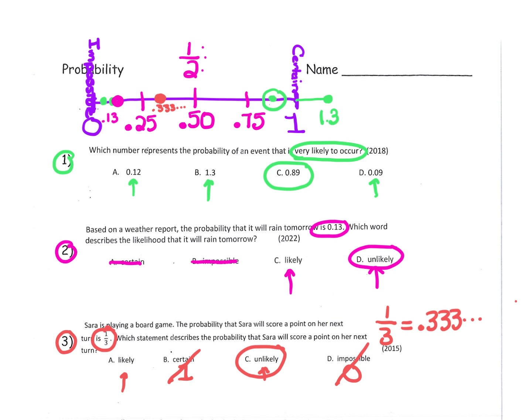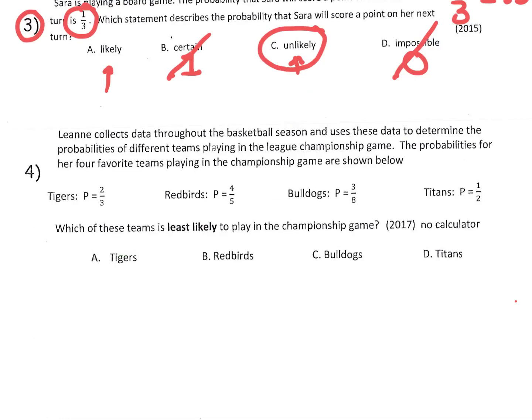Make sure you have all the notes, and let's move on to the 4th question on this page together, where again, we're going to be converting our probabilities into decimals to make an easy comparison. Let's take a look at number 4. It states, Leanne collects data throughout the basketball season and uses these data to determine the probability of different teams playing in the league championship game.